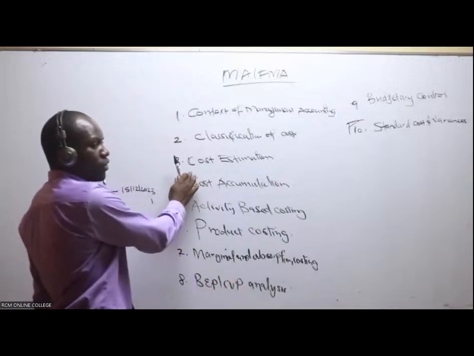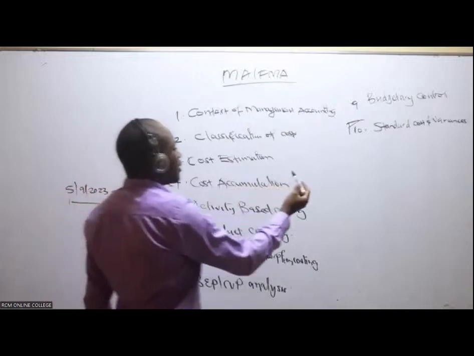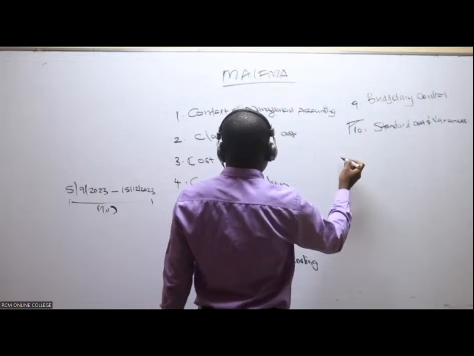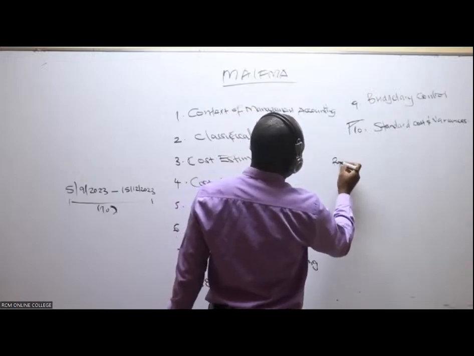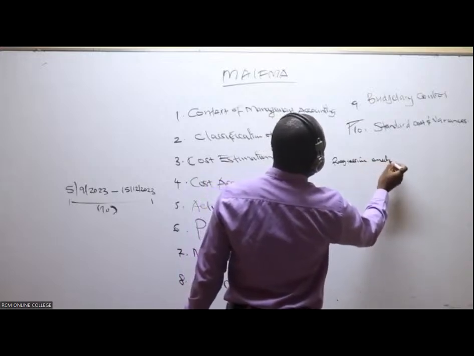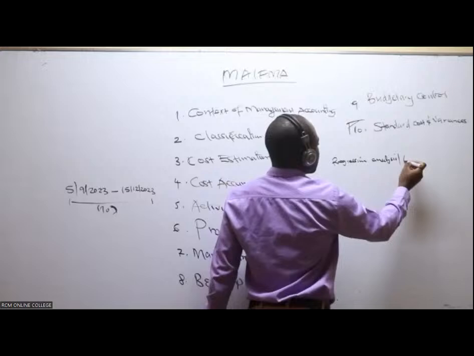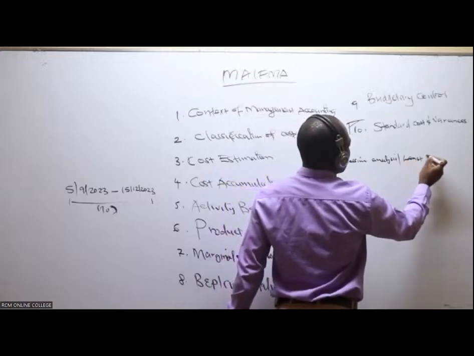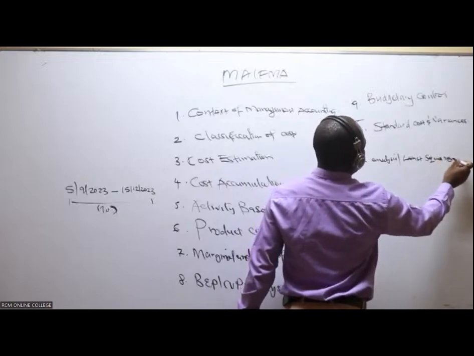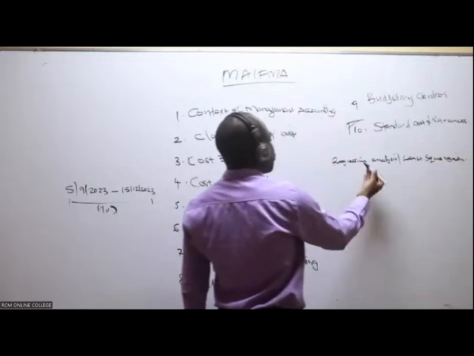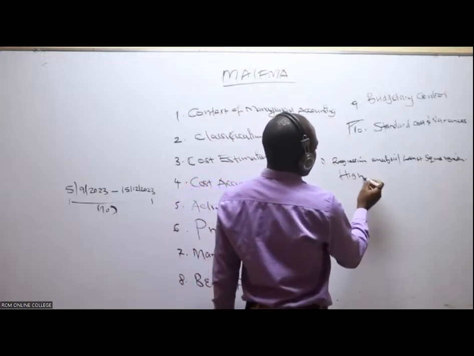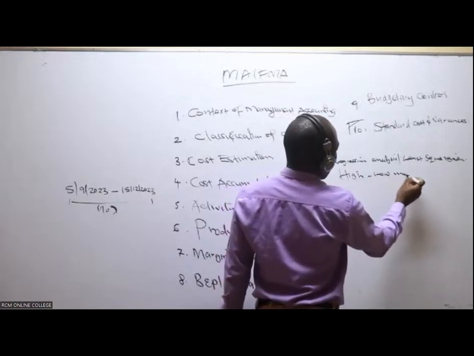Topic number 3, cost estimation. Under this cost estimation, you need to understand these basic things. We have regression analysis, or least square regression or method, or simple regression. That's the name of that method. Then we have ILO method.